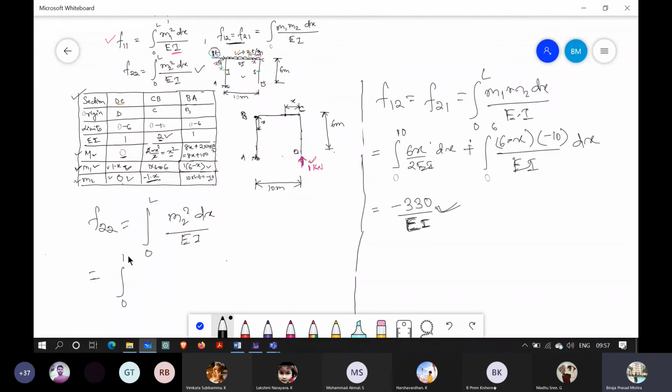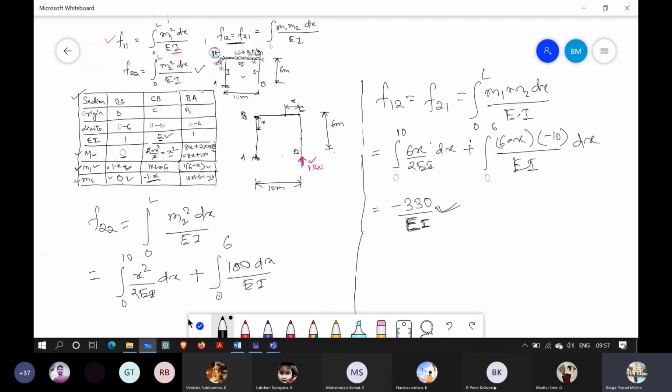So integration 0 to 10 x square divided by 2EI into dx plus integration 0 to 6 of minus 10 into minus 10, 100 into dx by EI.